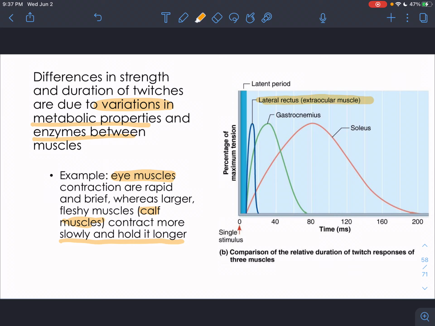We have really fast, short twitches. Muscles of our calf, our gastrocnemius, is a little bit slower, but still pretty quick, where the muscle of our soleus is even slower. Okay, and it's just different variations of the muscles that want to contract quickly or slowly depending on the function of that muscle.